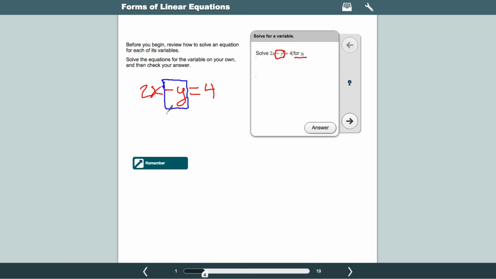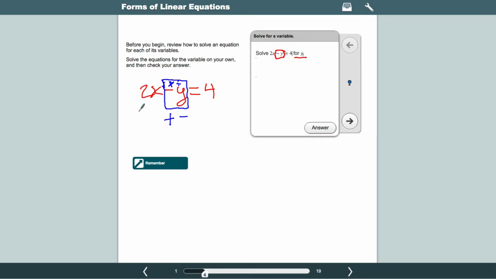Everything outside the box deals only with addition and subtraction. Everything inside the box deals only with multiplication and division. Okay? We have to get that 2x out of the building before we open the box.